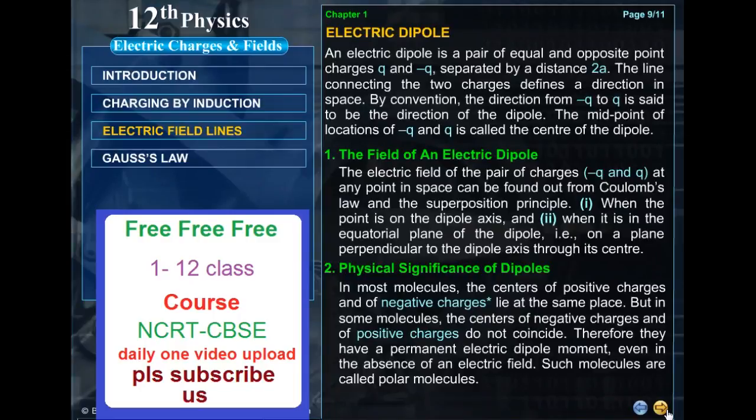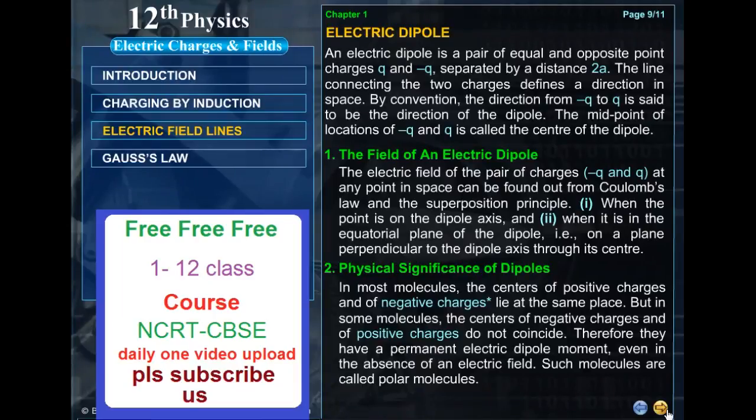Electric dipole. An electric dipole is a pair of equal and opposite point charges q and minus q separated by a distance 2a. The line connecting the two charges defines a direction in space.